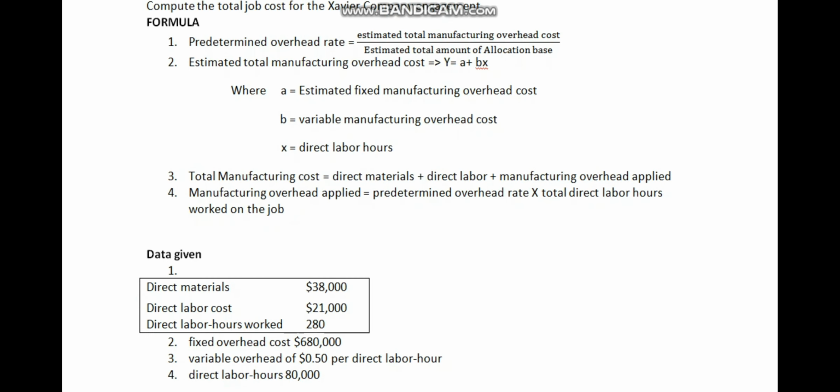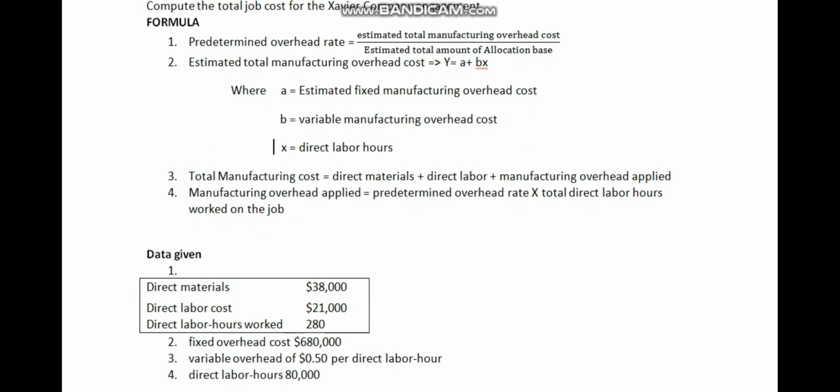I'm going to put this value plus b, where our b is variable manufacturing overhead cost, that is $0.50. I'm going to put this value too. And the next information is x, that is direct labor hours, which is 80,000 hours.